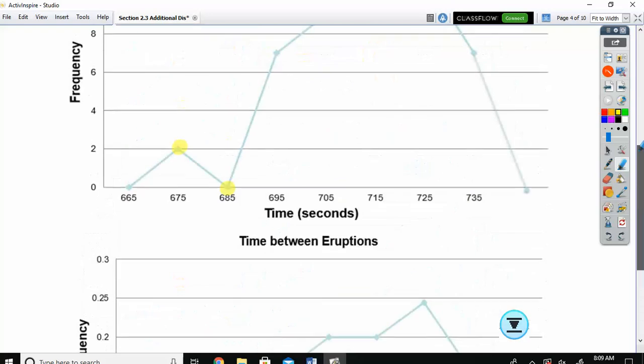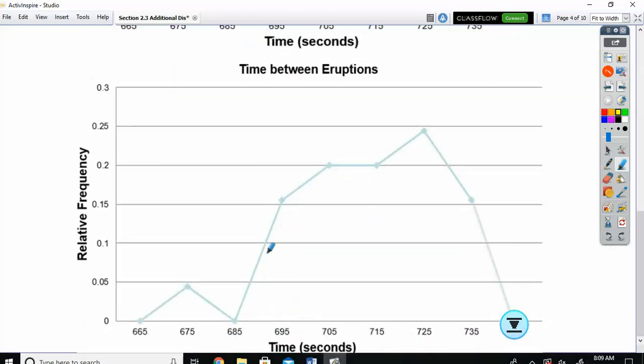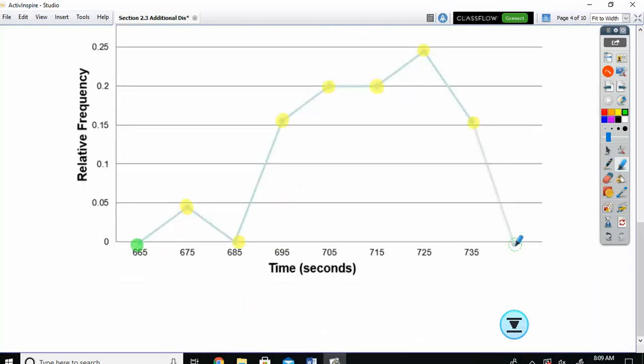685 was at 0. And we plotted each of these. Now, I have some points on here that were not a part of the original data. Did I actually have a point at 665? No. Or down here. But the thing about a frequency polygon, it's basically showing area under a graph, and so it always connects to the axis.